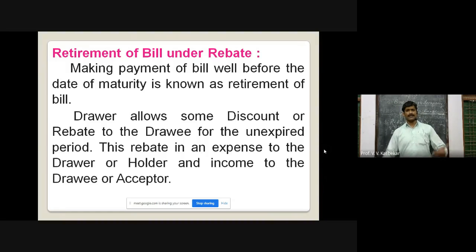And that is why drawer may give drawee some rebate, or we can say concession, or discount to drawee. So drawer allows some discount or rebate to the drawee for an unexpired period, because drawee is paying money before time, before due date. And that is why drawer can allow some rebate to drawee in this case.